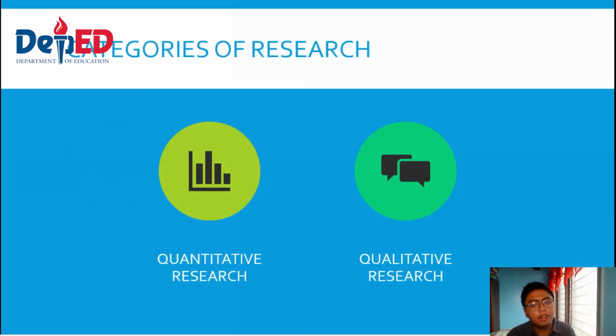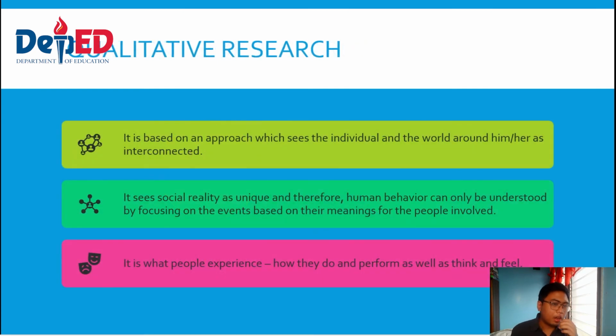So let's talk about broad categories of research. First, we have quantitative, and second, we have qualitative. Later, we'll explain what are the differences between the two. Okay? So if you notice the icon here, quantitative is more like a graph, while the qualitative is more on conversation bubbles. So when we talk about qualitative research, it is based on an approach which sees the individual and the world around him or her as interconnected.